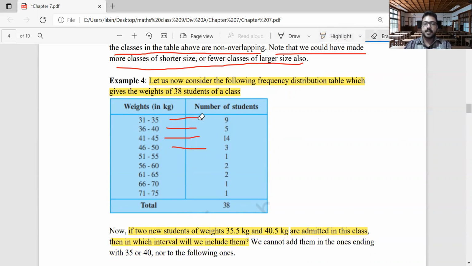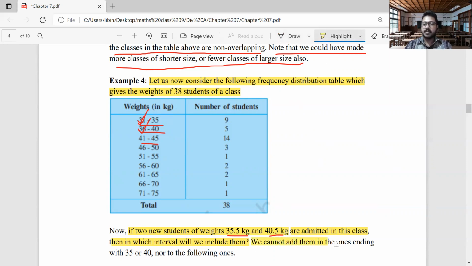Look here, we can see there are intervals 36 to 40, 41 to 45, and 31 to 35 also. But 2 students are having 35.5 kg and 40.5 kg. In which class will we include them? Can we include 35.5 in the class 31 to 35, or should we include it in the second class? We don't know. We will see it in this section.